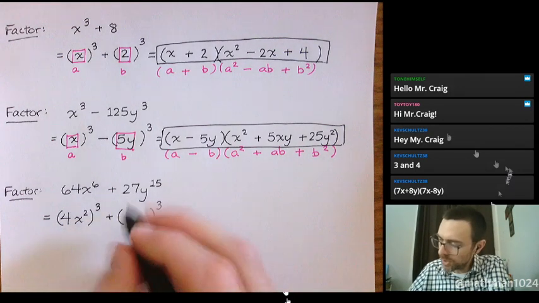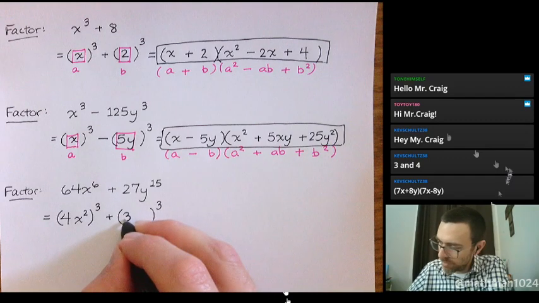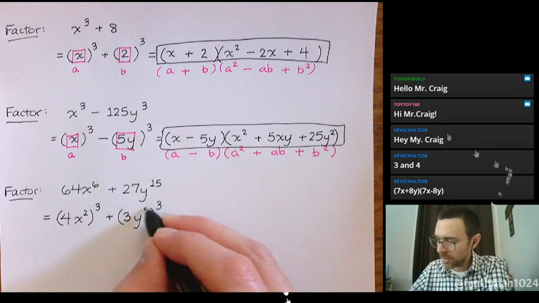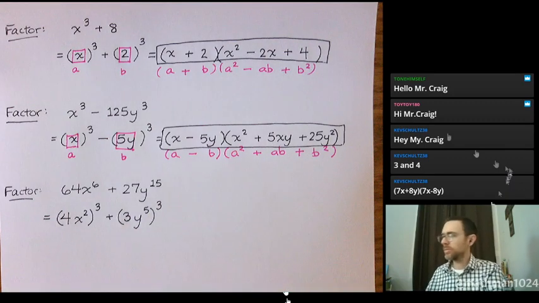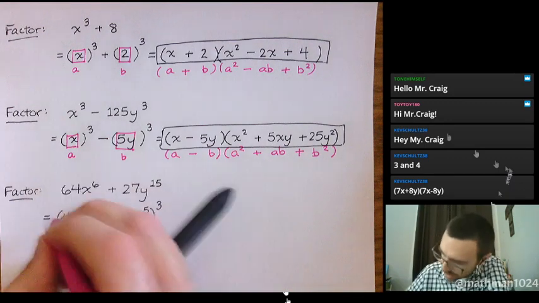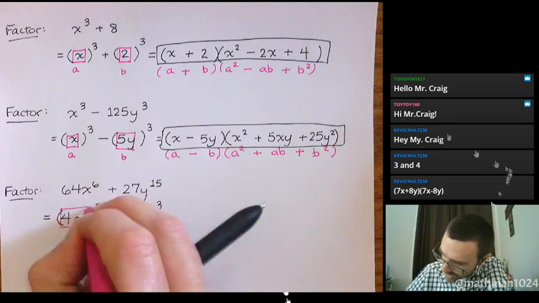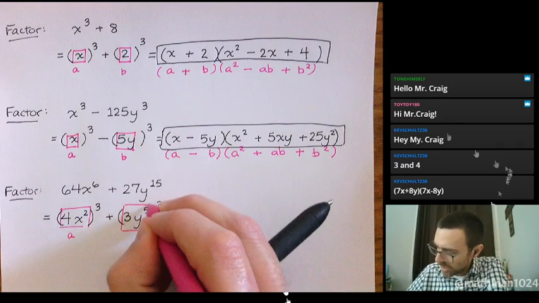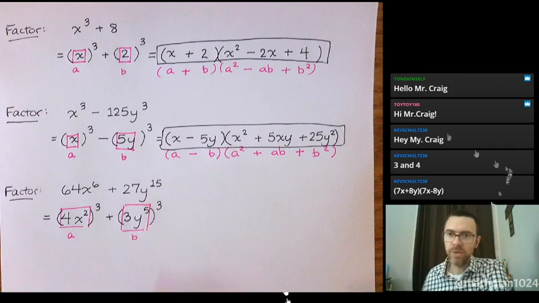What would I cube to get 27? That's 3. And here's going to be y to the 5th power. This guy right here is the a that I'm going to use in my formula, and this is the b that I'm going to use in my formula.